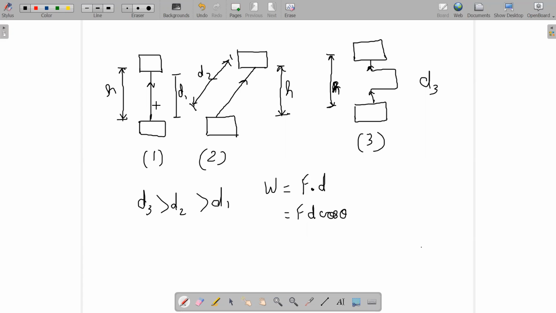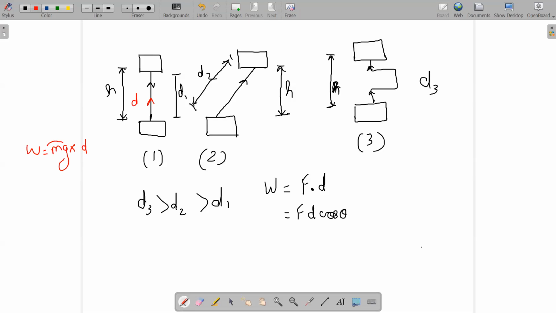In the first case, force is in the upward direction, and so is the displacement, the same direction. There is no cos theta difference. So we can directly say that the work done equals the force, mg, into d.